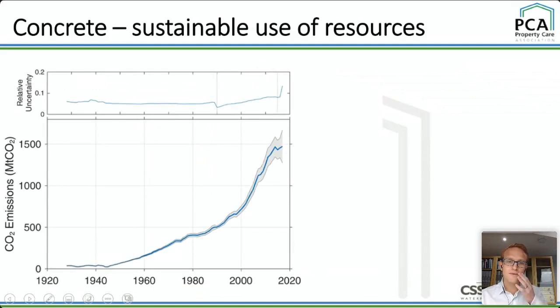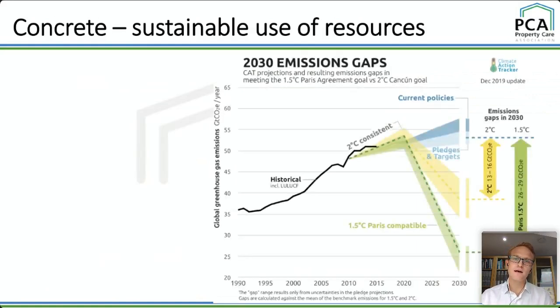Well, why does that matter? Globally, since about 1950, the emissions of CO2 have been increasing extremely fast. That's an exponential curve. The Paris Agreement was five years ago, and that's when the world came together and said, we can't let global average temperatures increase above 1.5 degrees.